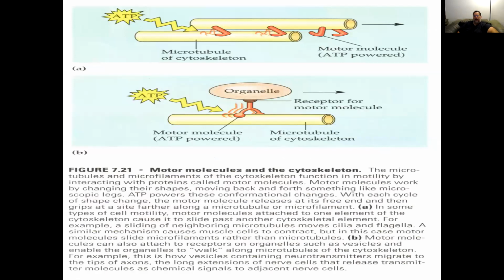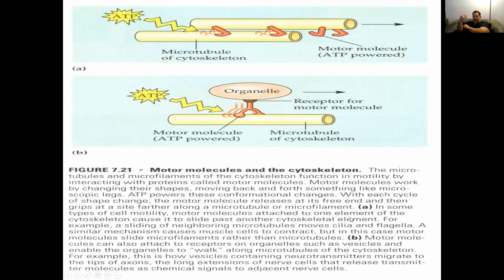Here is a picture showing you how a vesicle can walk down a microtubule, or an organelle or whatnot can walk down these microtubules. They have these little feet-like projections that are kind of like the globular heads of myosin.